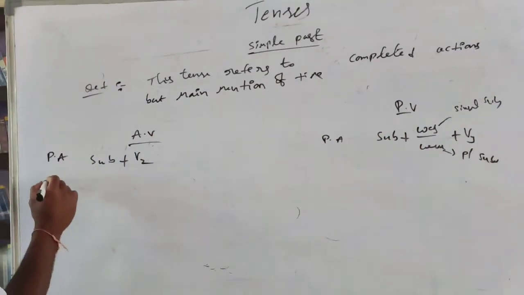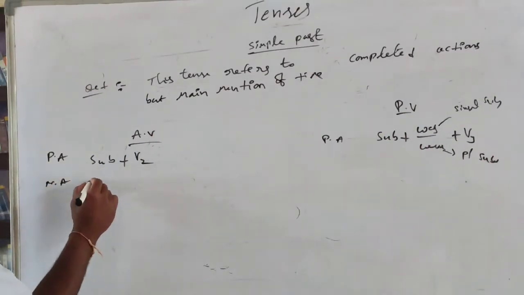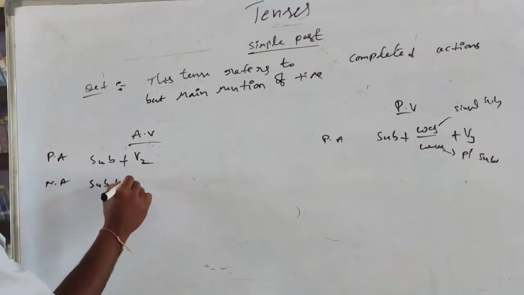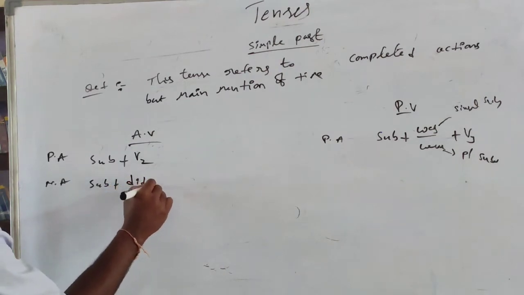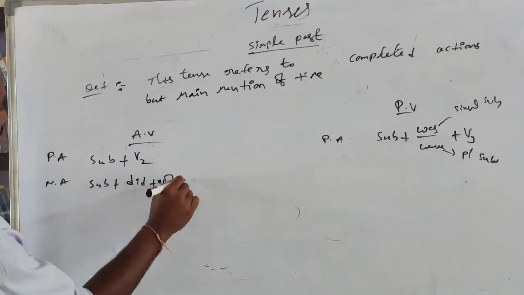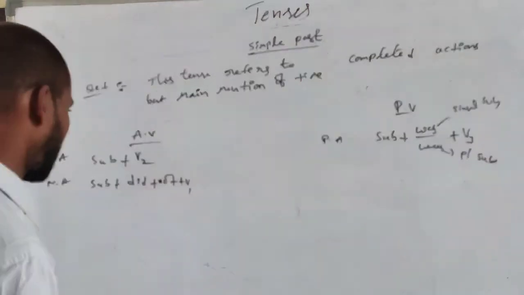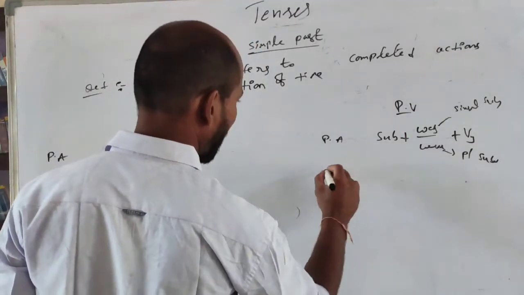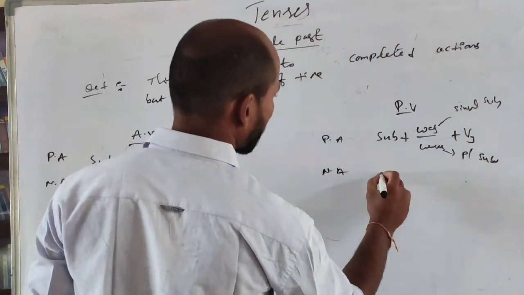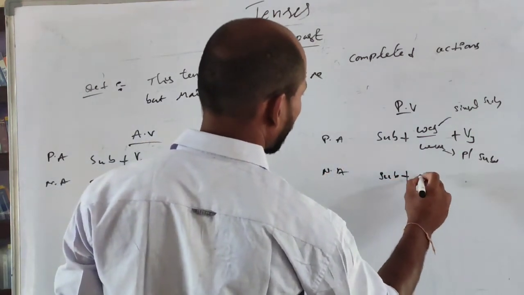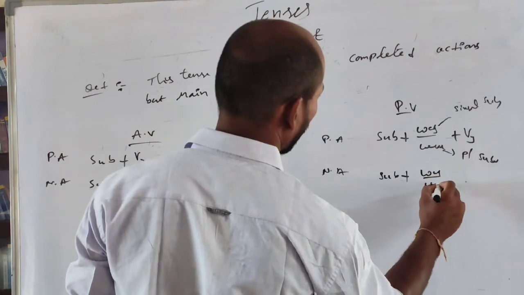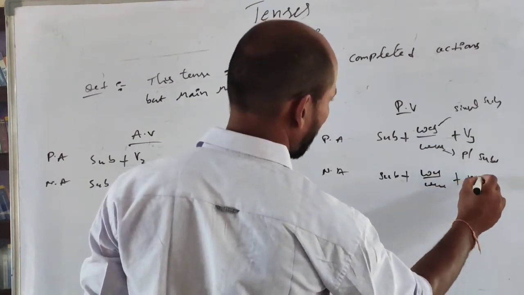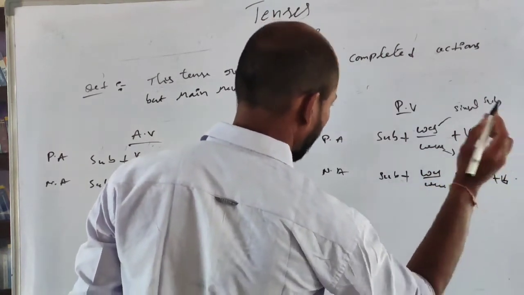And negative assertive: subject plus did plus not plus V1. Negative assertive in the passive: subject plus was or were plus not plus V3.